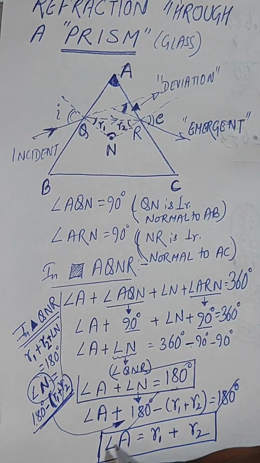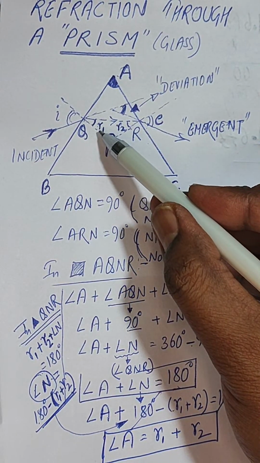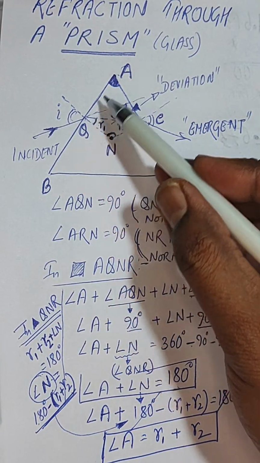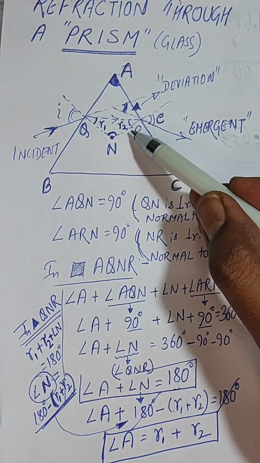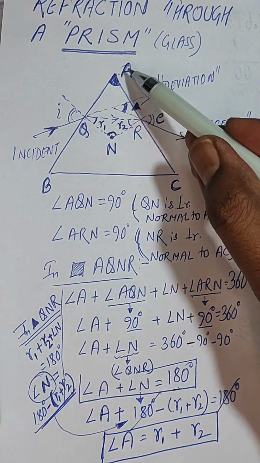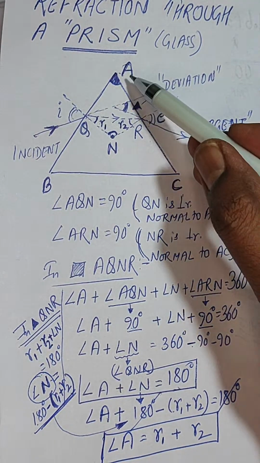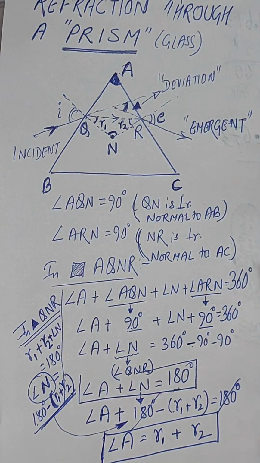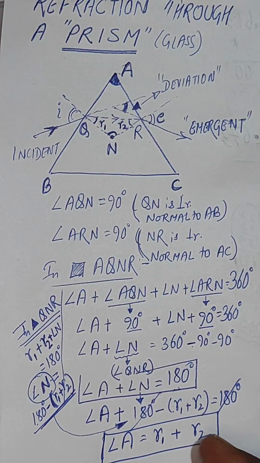What is R1? R1 is the angle of refraction for the first surface, and R2 is the angle with the normal for the second surface AC, when the ray is emerging out, right? So this relation we are having.